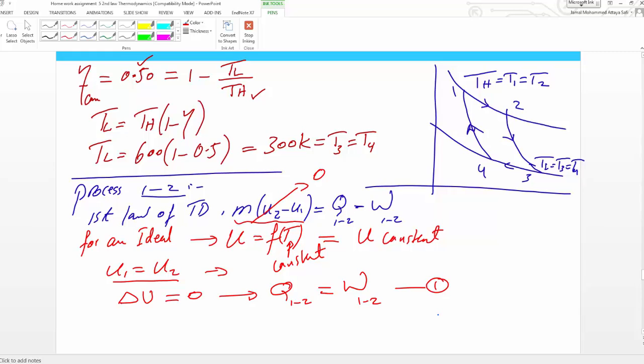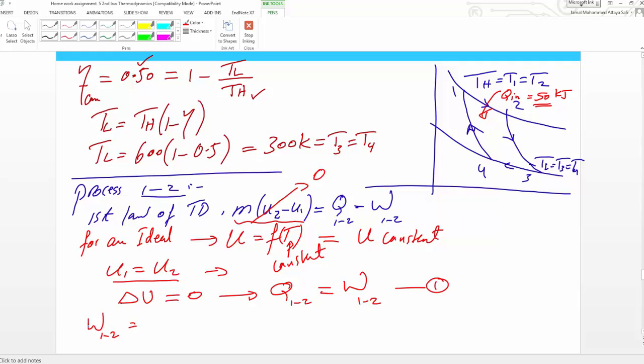And this tells me about the work. We said Q in here was 50 kilojoule. How can we calculate the boundary work?